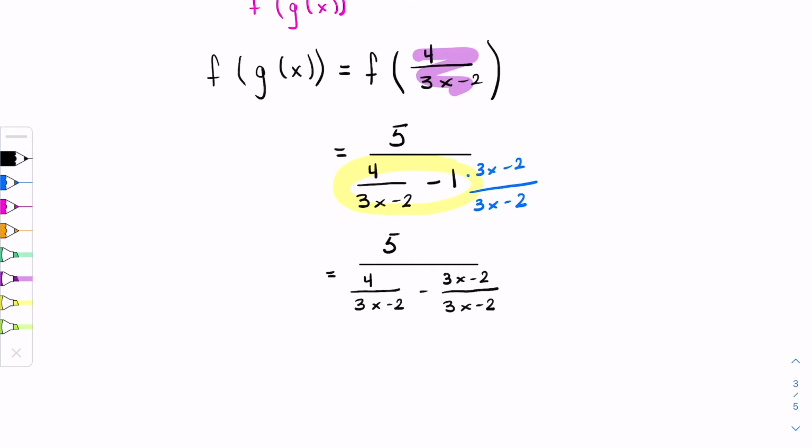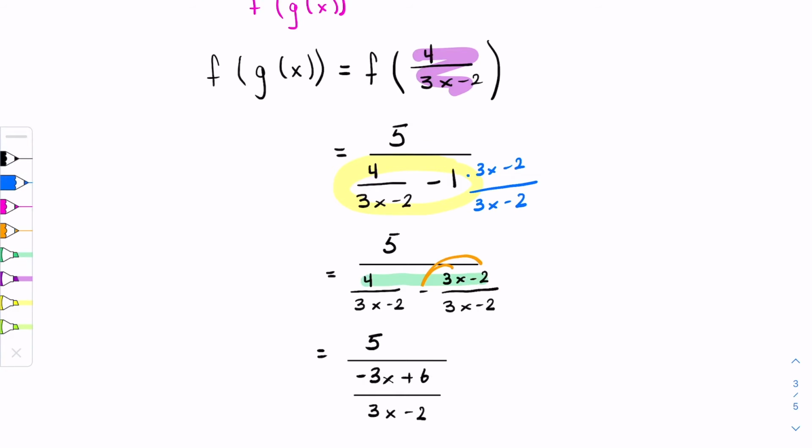At this point in the denominator, we can subtract, and when you're subtracting fractions, you're just going to subtract those numerators. We have a fraction of 5 over 4 minus 3x minus 2. This subtraction sign gets distributed to both terms, so we actually have 4 minus 3x plus 2, which is going to be negative 3x plus 6, all over 3x minus 2.